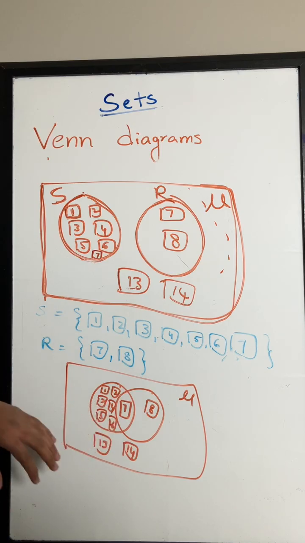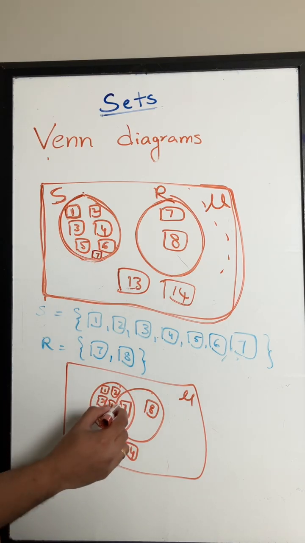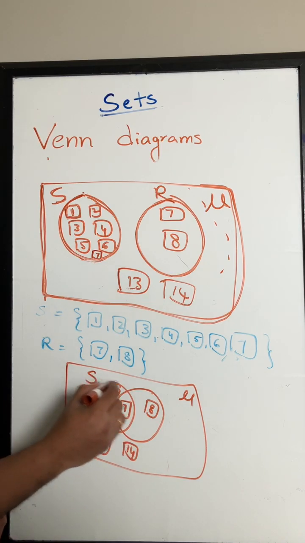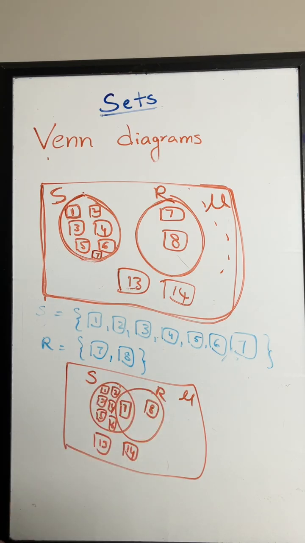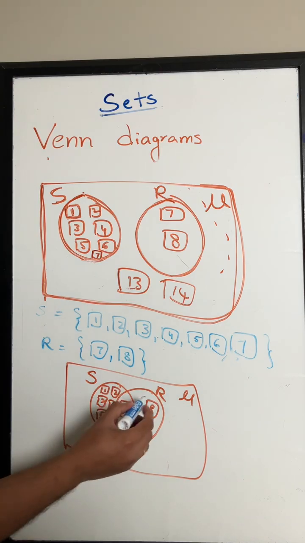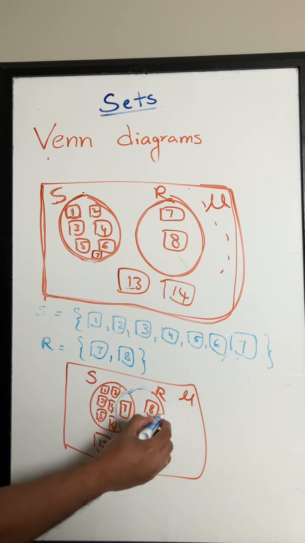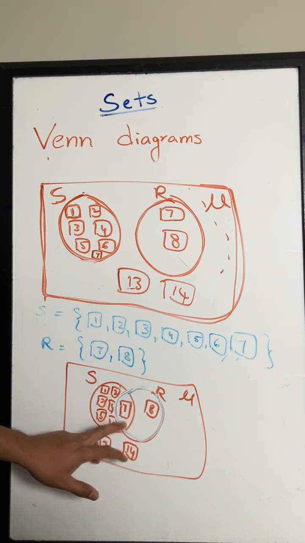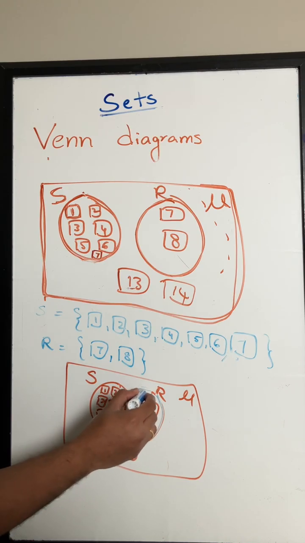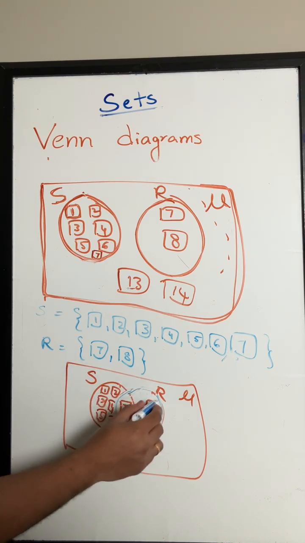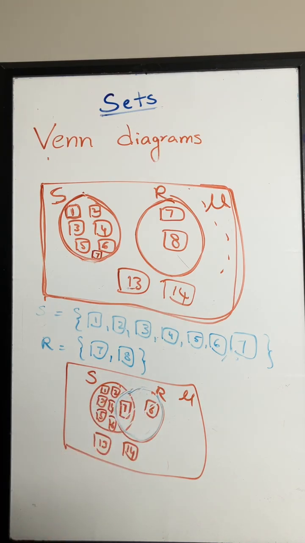If you look at this one, this 7, this is mine, this is Ranga's. If you take Ranga's circle, so let me put some lines.